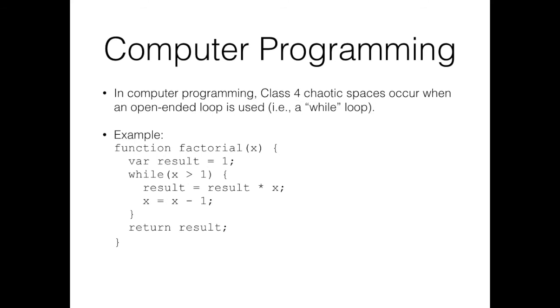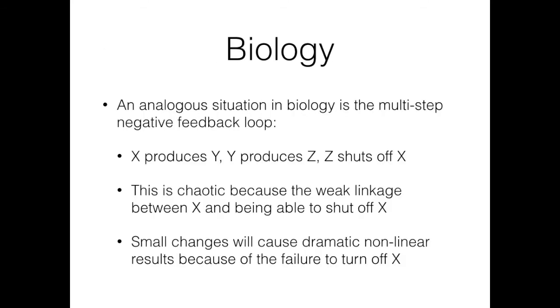So in biology, a very similar system is a negative feedback loop. x produces y produces z, and then z shuts off x. The problem is that with any small change in any of these, x is never shut off. If x has a problem producing y, then this whole chain gets lost.